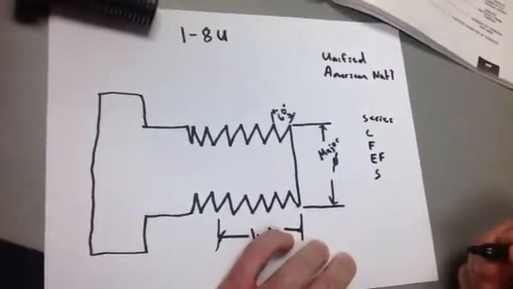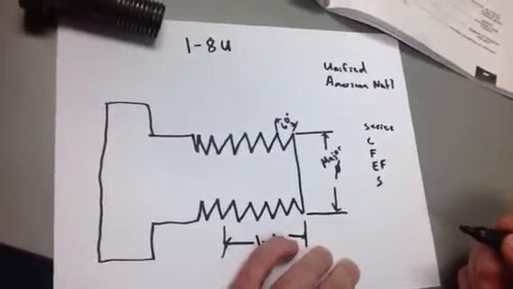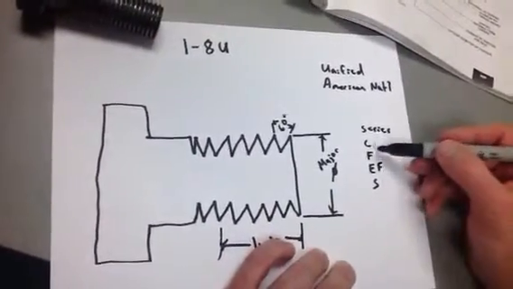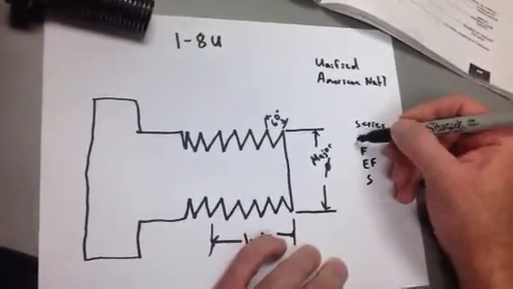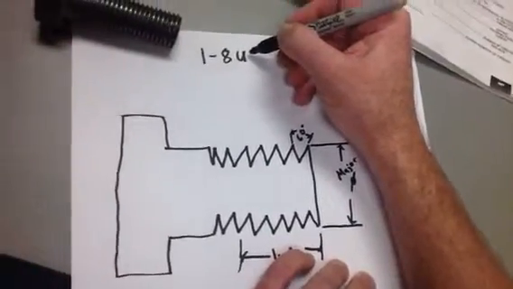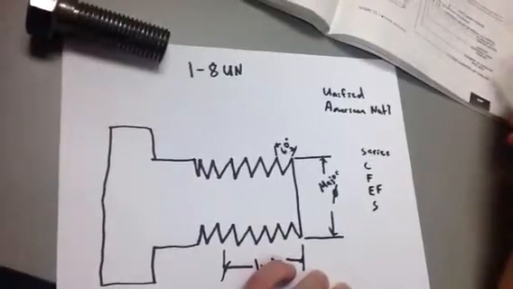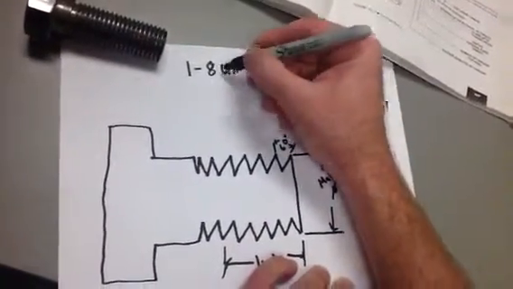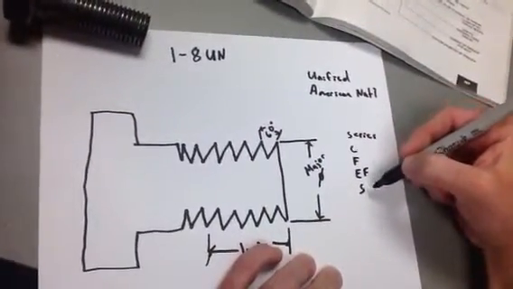There's all kinds of different ones. Most of the time what you will see on a tap drill chart or a chart hanging around the shop is the coarse and fine. A lot of times you'll see the N grouped with this. The book talks about UN as unified national threads. It's UN, and then we put what threads per inch it is, either coarse, fine, extra fine, or special.